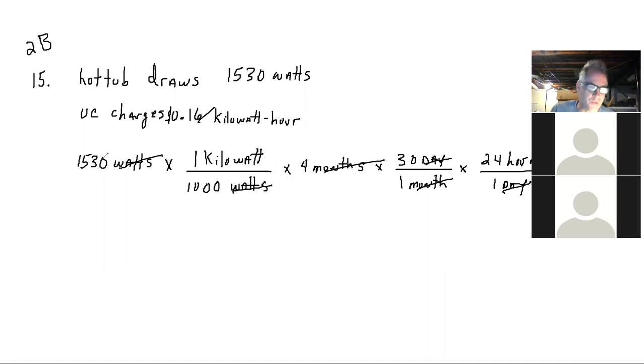Now it's just a matter of crunching the numbers. 1530 times 4 times 30 times 24, and then the product of those 4 numbers divided by 1,000.